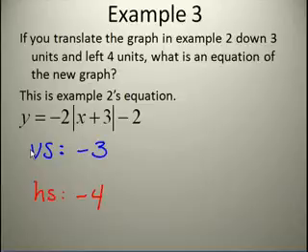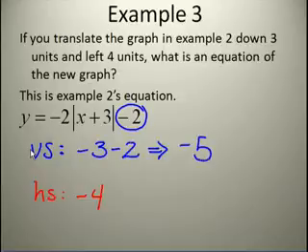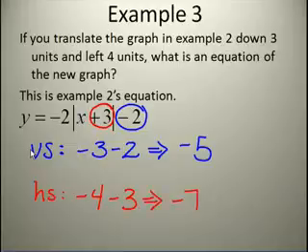And since I'm starting with a vertical shift of -2, I'm just going to put -3 minus 2, which gives me a -5. So my total vertical shift would be -5. Likewise, my horizontal shift started as a -3, so I'm going to put the -3 here, and I get a total shift of -7.